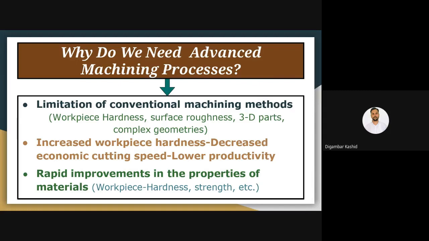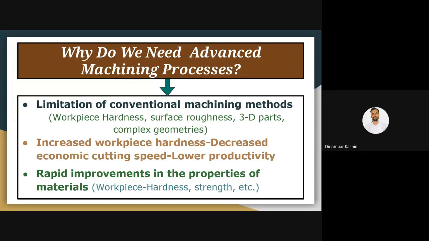many of these 3D components are very complex in nature. If you see the 3D components, they are very intricately shaped. So it is very difficult to produce that 3D component using our conventional machining process. Many of these 3D components are complex or integrated in shape, and sometimes they are made up of super alloys also, which are very hard.